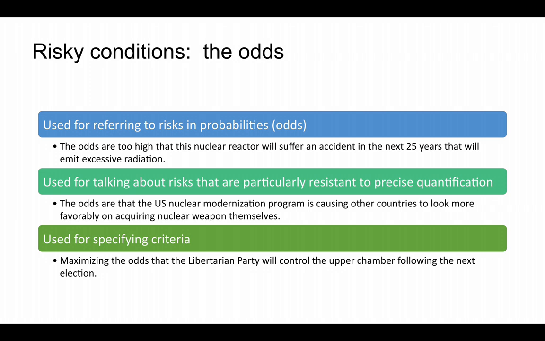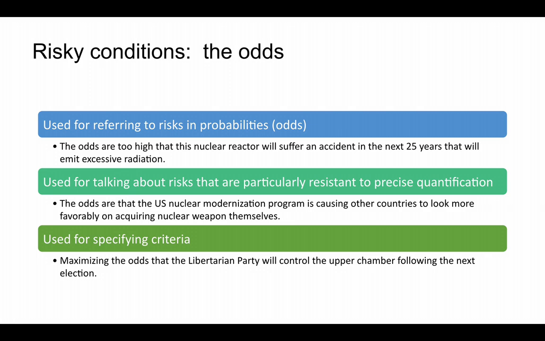So it's very hard for you to quantify it, but at least you can say the odds, right? So it's probably too high. You can say that. And they're used for specifying criteria.